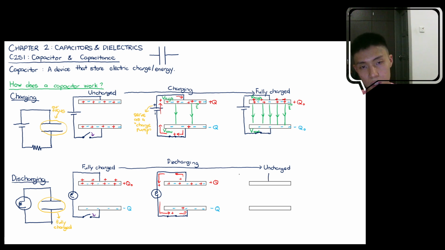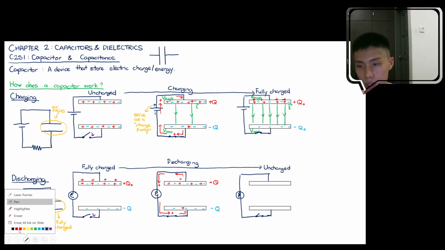All the positive charge that was initially accumulated will now go back down to its original plate. So things get back to how it was before it was charged.